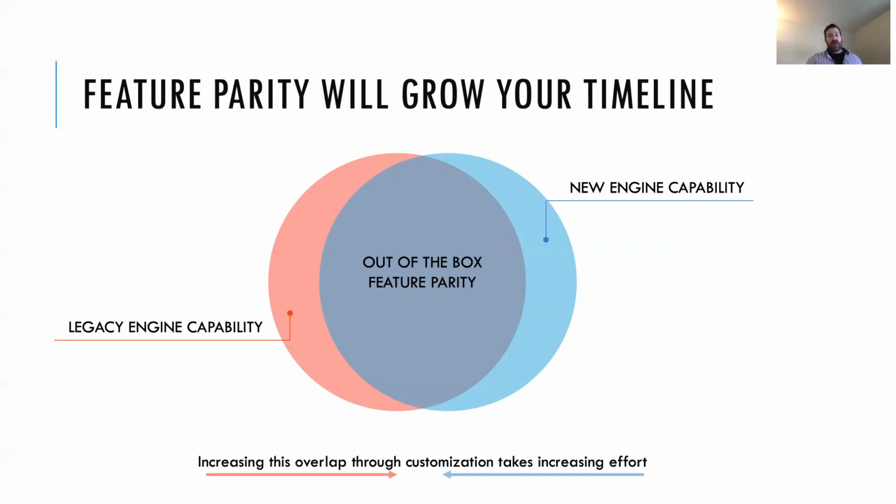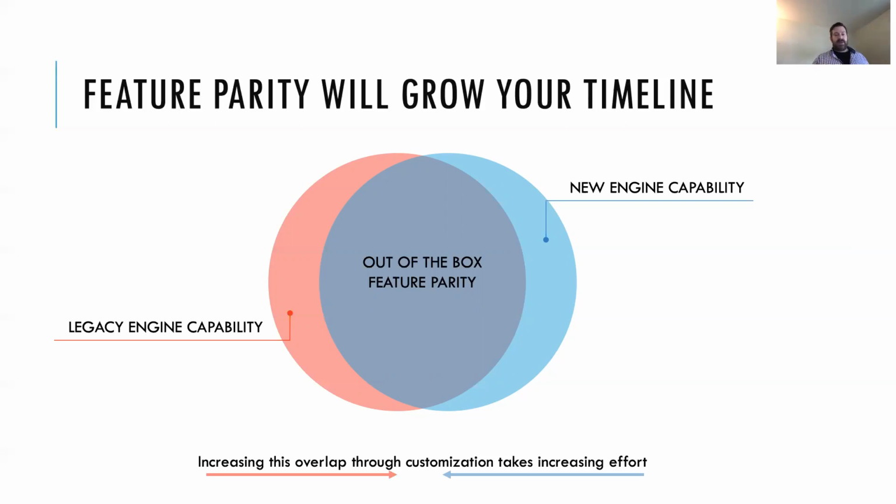So feature parity is really, really tricky, because you can say, well, we really, really need this feature in the old system, and it doesn't exist in the new one. So we've got to build it, or we've got to do some workaround and solve that gap, this technical gap. So this is what really takes a lot of time through customization and increasing effort.